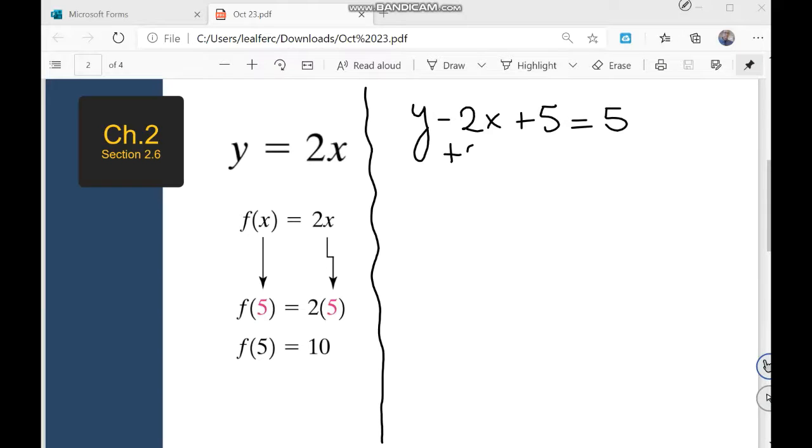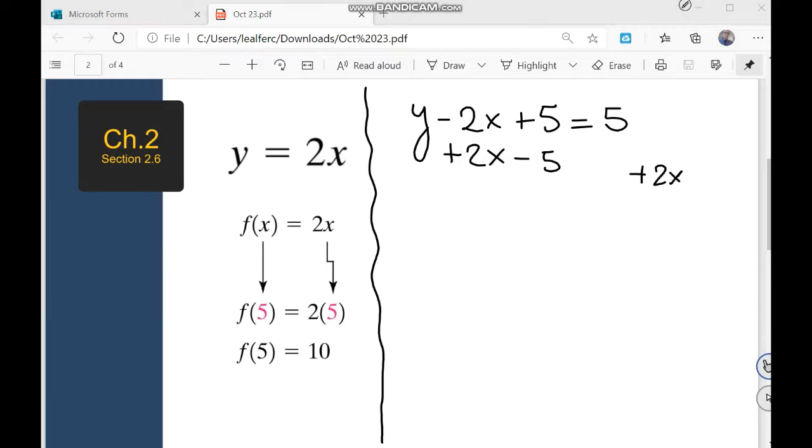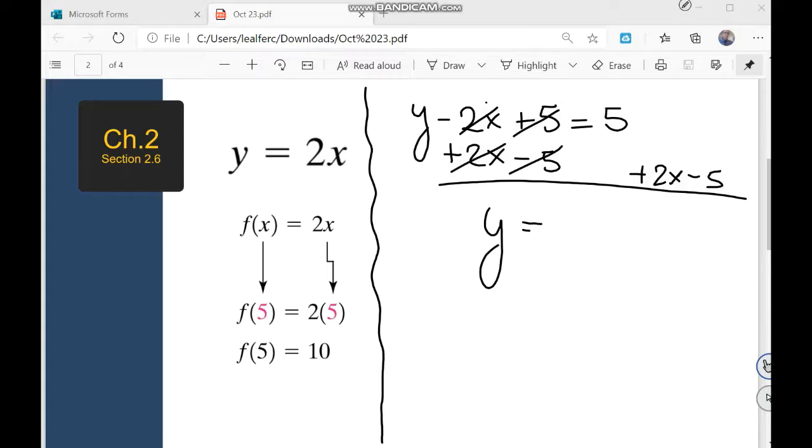Let's add 2x minus 5 on both sides, and we get rid of this 2x and this 5. We have only y, which is what we want, to have only y on the left-hand side of the equation. And this is going to be 5 minus 5, 0, 2x.